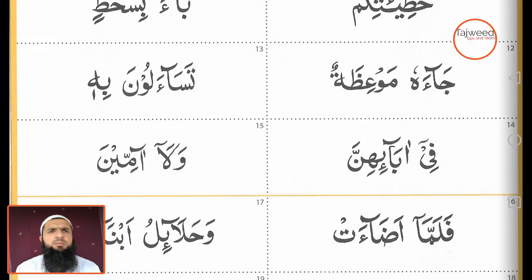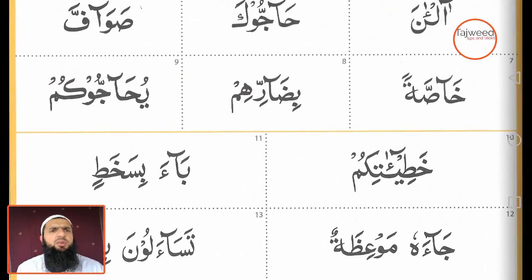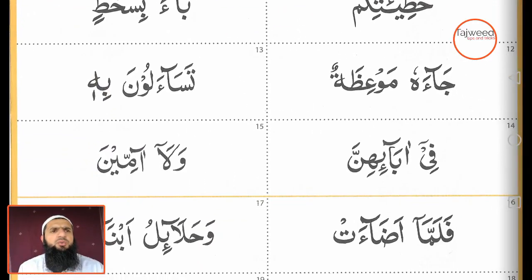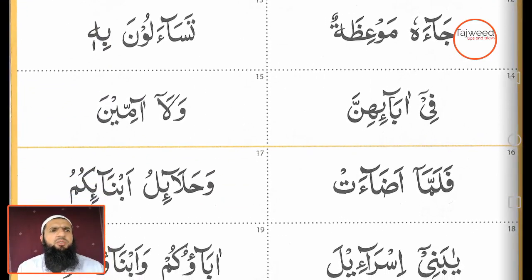Tasa'aluna bihi. All of these examples, there's 2 words in all of these examples. So previously, on the top we've just done 1 word. These are 2 word examples. Box number 14. Fi abaihinna.